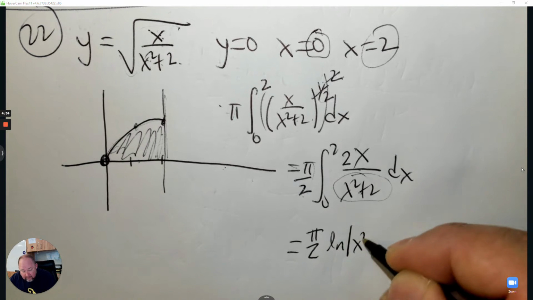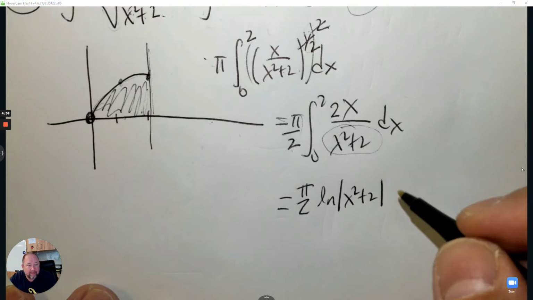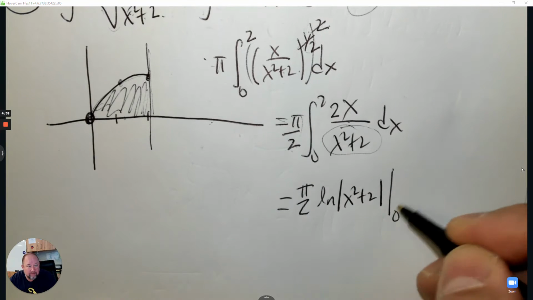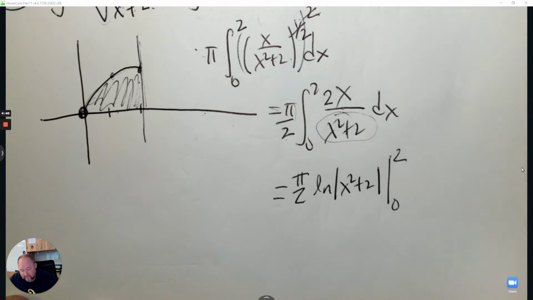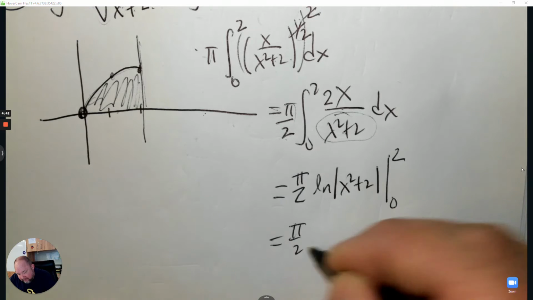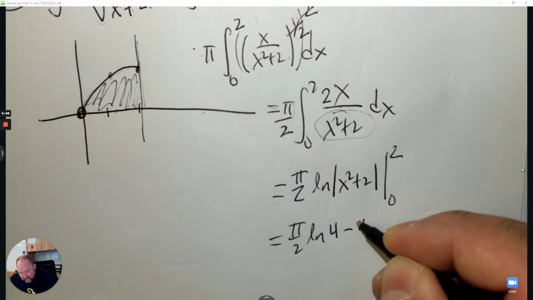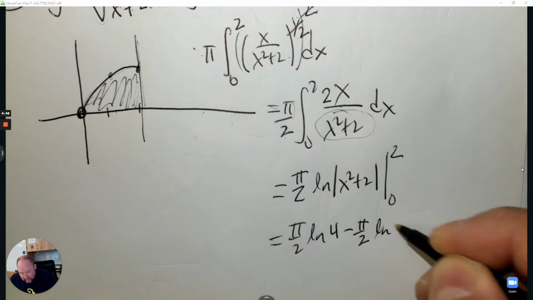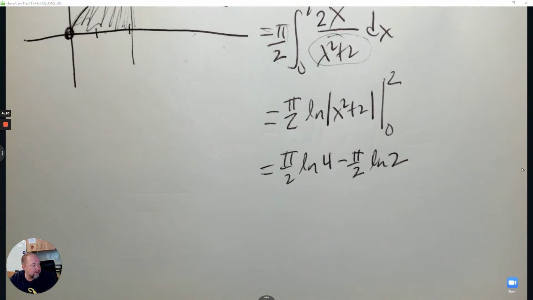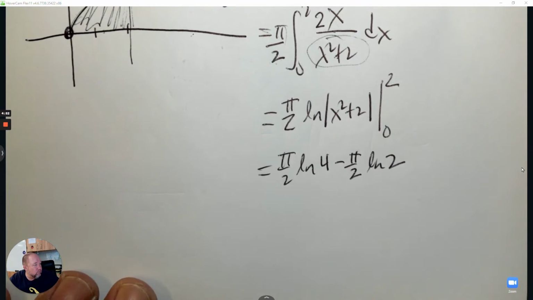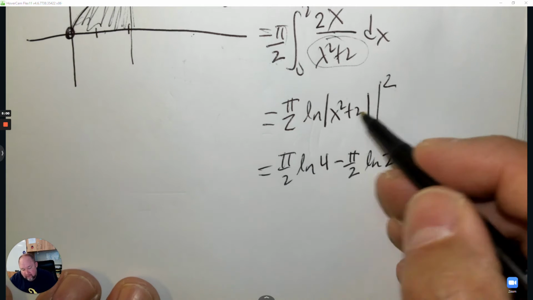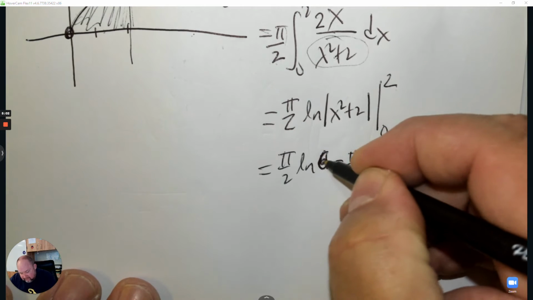Then it's the logarithm of the denominator, and I'm integrating from 0 to 2. Then the last step is I plug in 2, and I get ln 4. And then I plug in 0, and I get ln 2. There's the answer. Oh, wait a second. 2 squared plus 2 is 6.